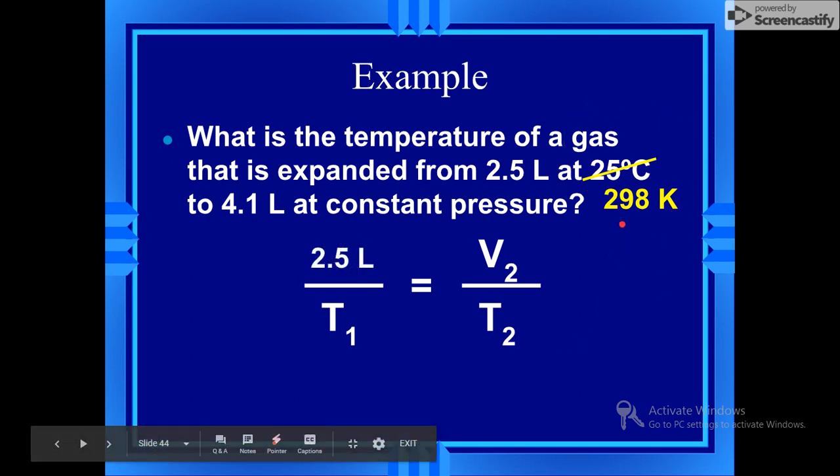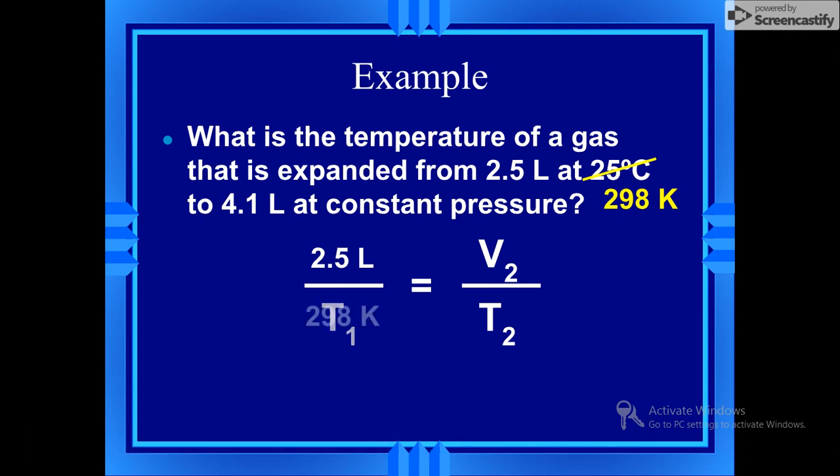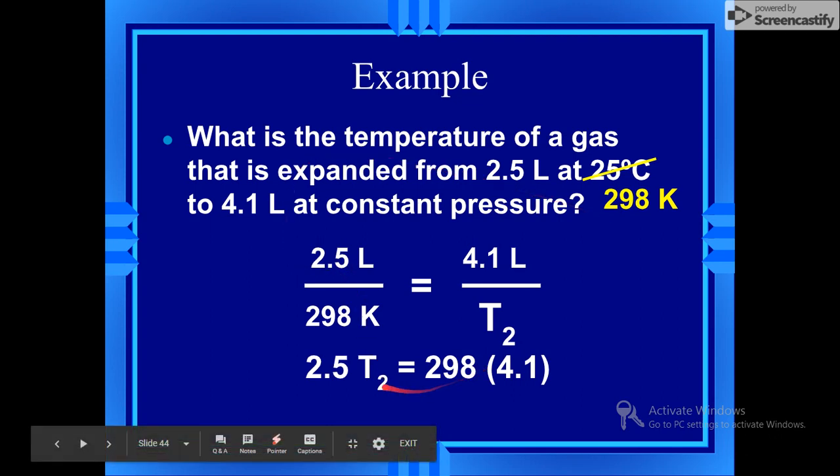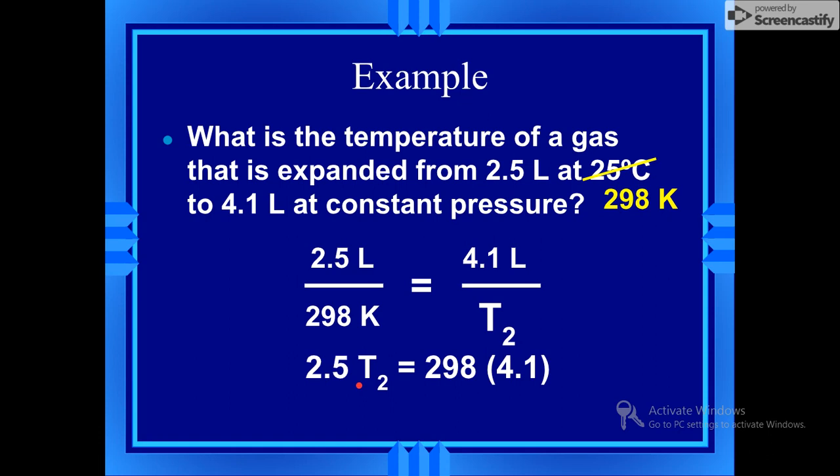Our initial volume is 2.5 liters. Our initial temperature is 289 Kelvin. Our final volume is 4.1 liters, and we are solving for T2. Once we arrange all of that, you will have 2.5 liters times our final temperature, T2, equals 289 times 4.1.